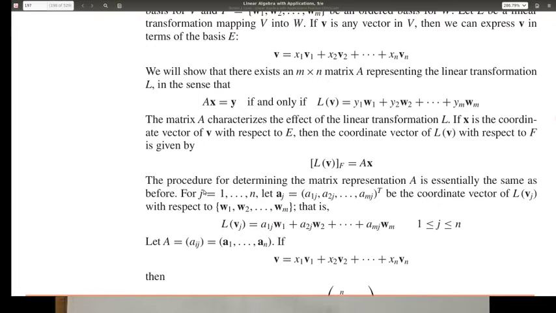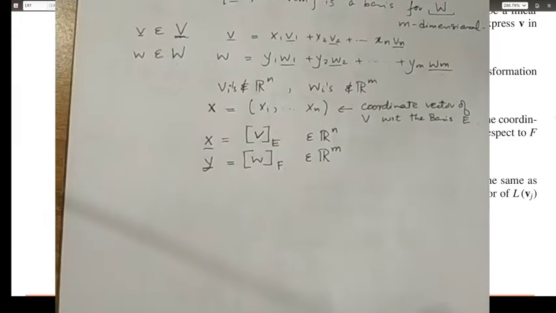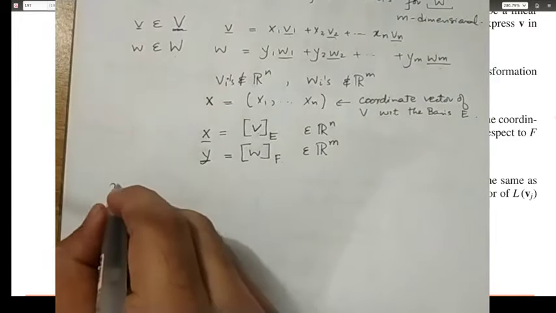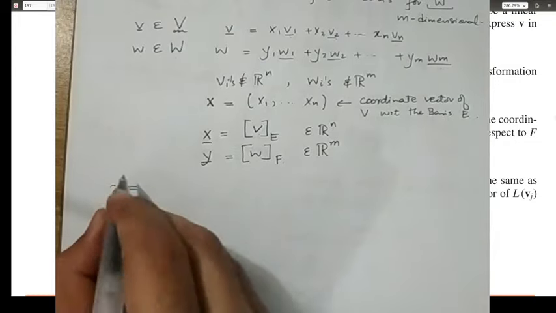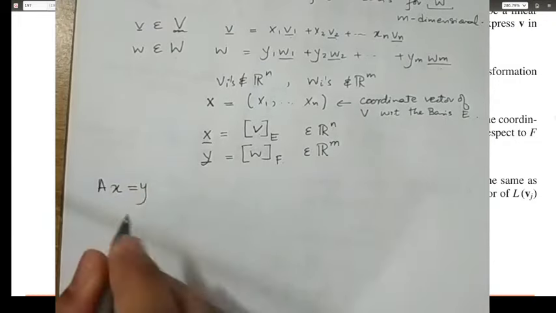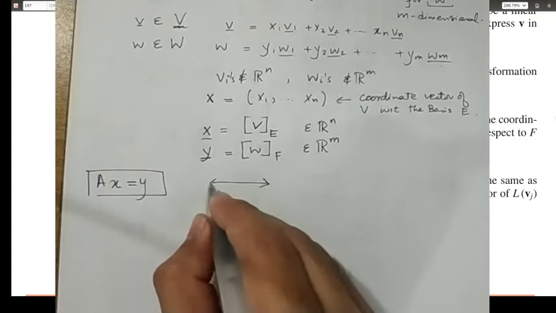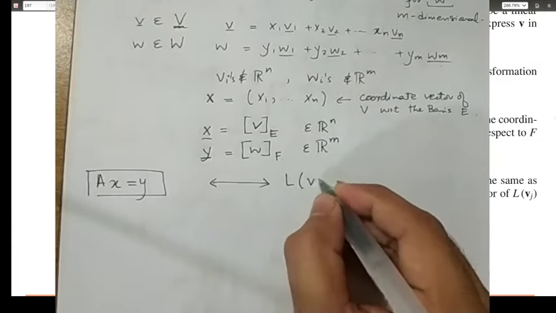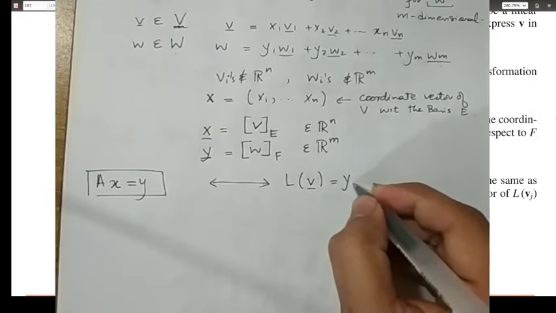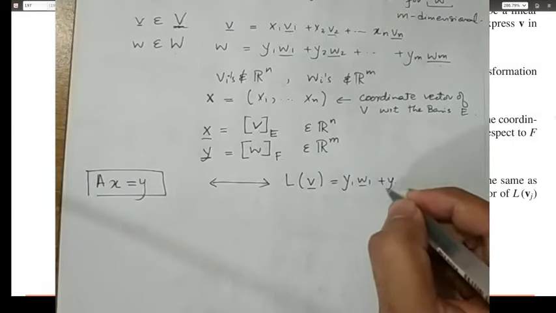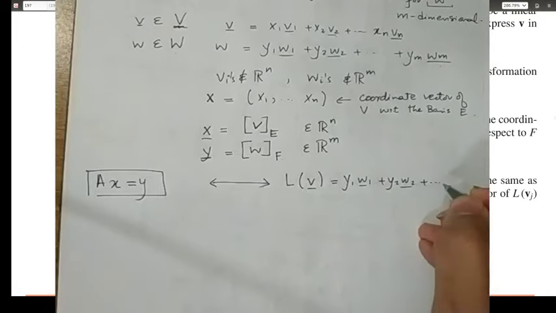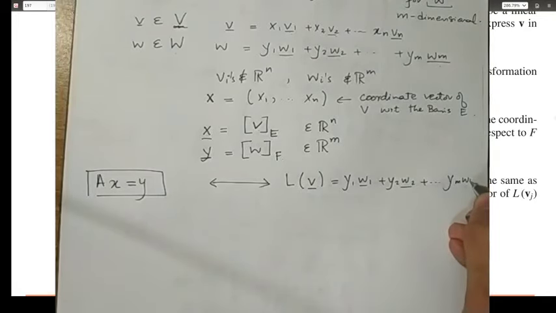That I can find this matrix A such that Ax equals y if and only if L(v) equals y1 w1 plus y2 w2 plus ym wm.